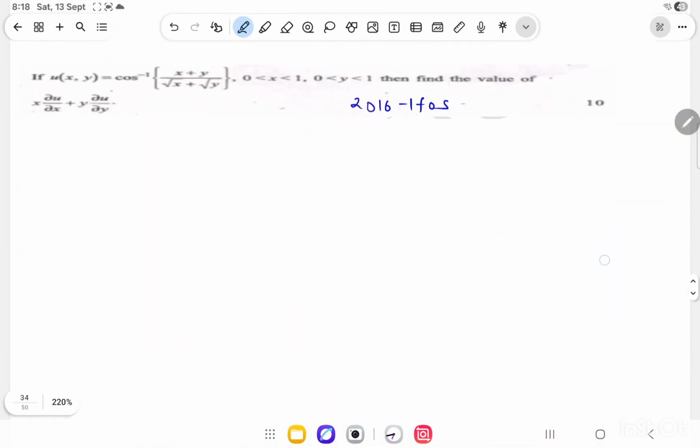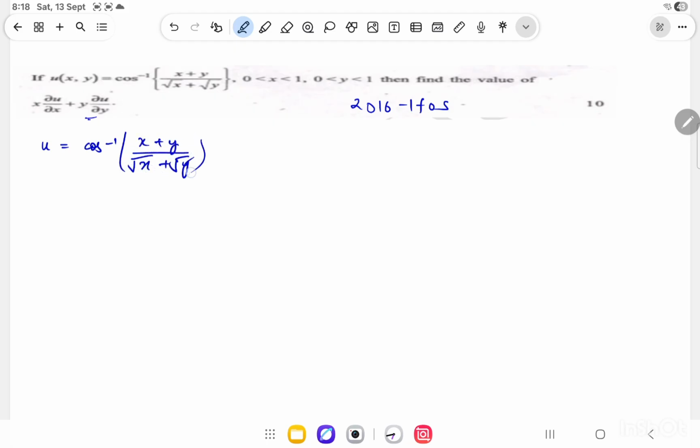So the next question says that u is basically cos inverse of this and we're supposed to find the value of this. This is a similar question that we have done. We'll basically use Euler's theorem here. So my u is this, so from here I'll get my cos u as x plus y divided by under root x plus under root y, and you can take x common from the numerator and under root x common from the denominator.